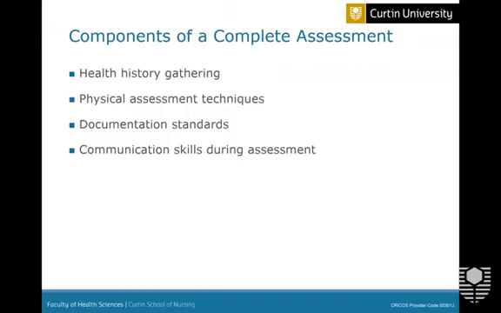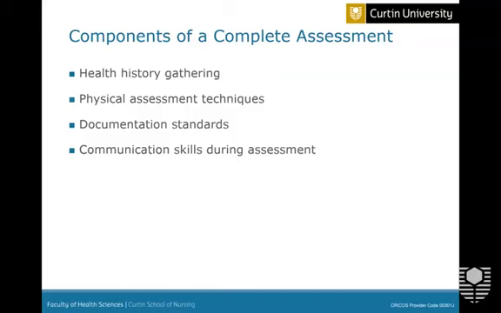So when we're looking at the components of a complete or comprehensive assessment, there's always health history. We then confirm that health history with a physical assessment, data collection. We then confirm and write our documentation standards, and we look at communication skills during assessment as well.